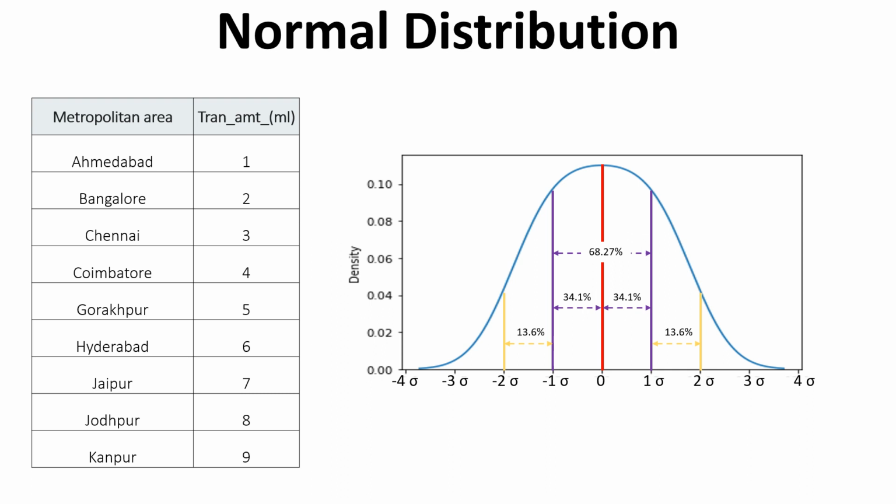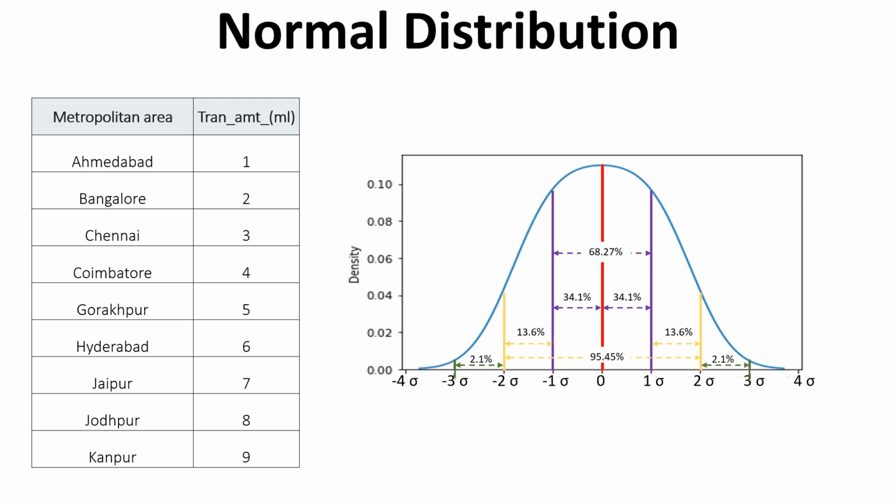In total, 95.45% of the data points fall in the range of -2 standard deviations to plus 2 standard deviations. Moving forward, in the same way, 2.1% of the data points fall in the range of -3 standard deviations to -2 standard deviations on the left side, and the same happens on the right side.